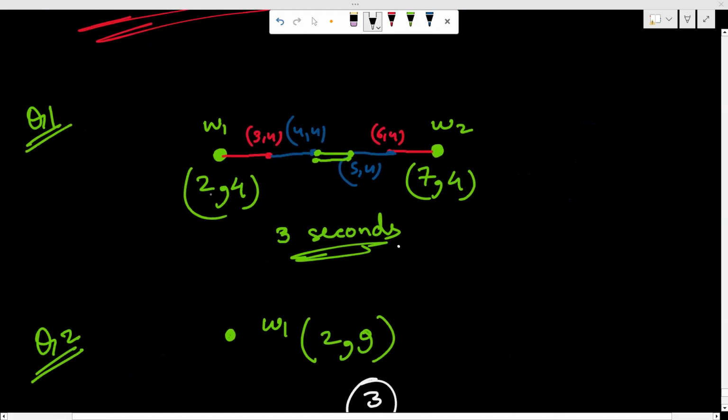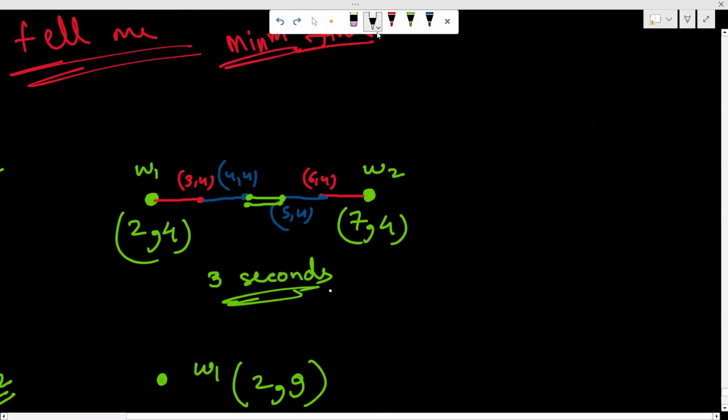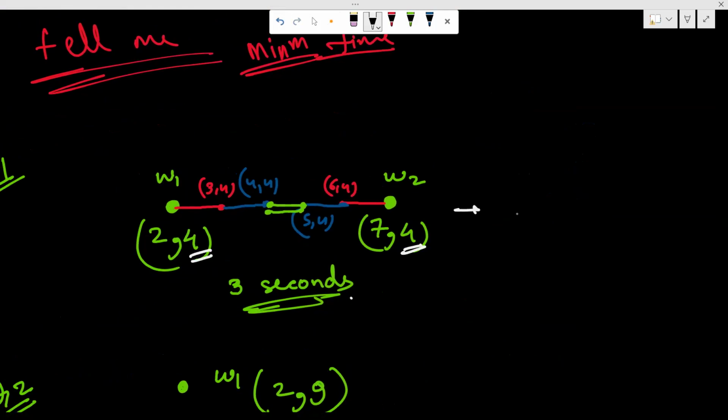When I was saying that the y-axis is common, that is, 2 points lie horizontally, then can I say the answer is nothing but the ceil value of the absolute value of x2 minus x1 divided by 2?